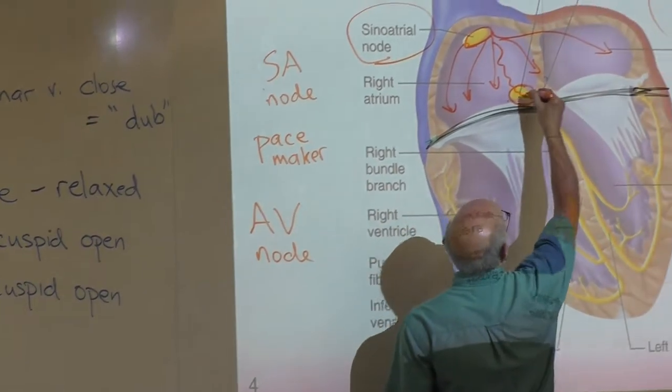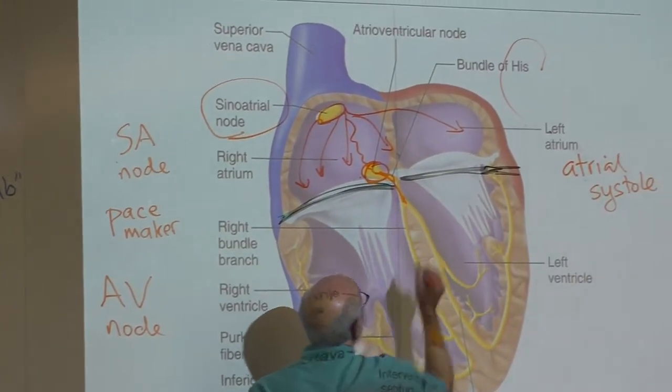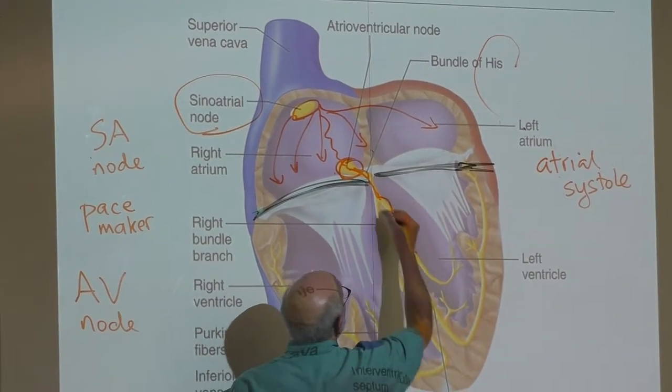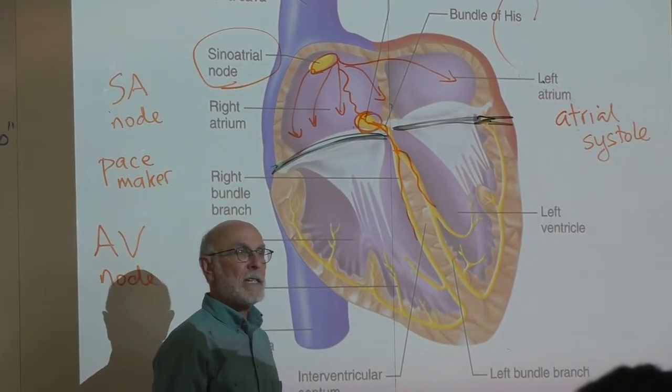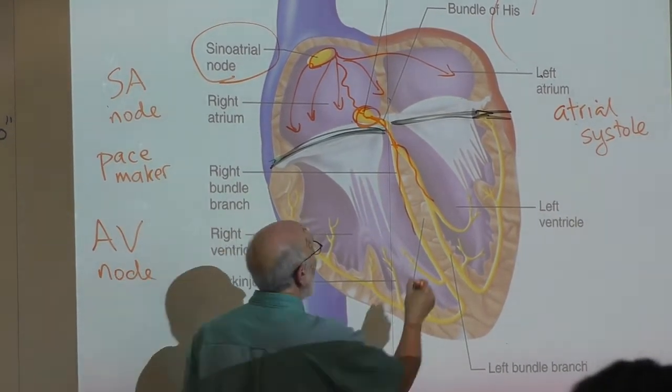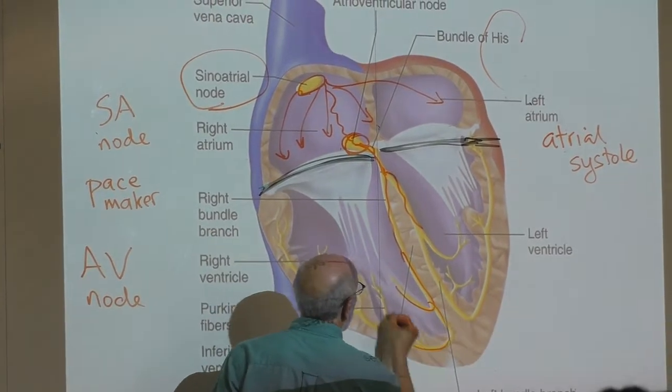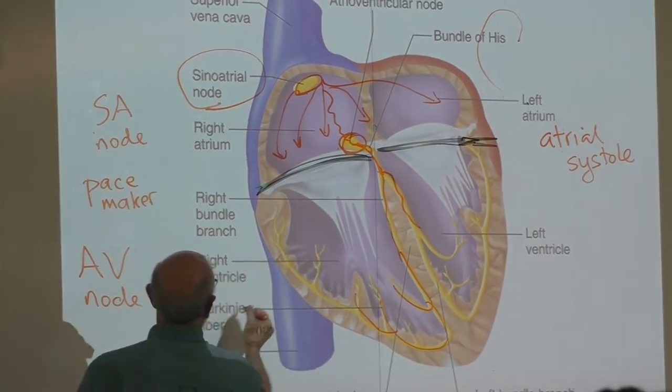So, from the AV node into the bundle of His, the bundle of His branches into the bundle branches, and then into the structure called Purkinje fibers.